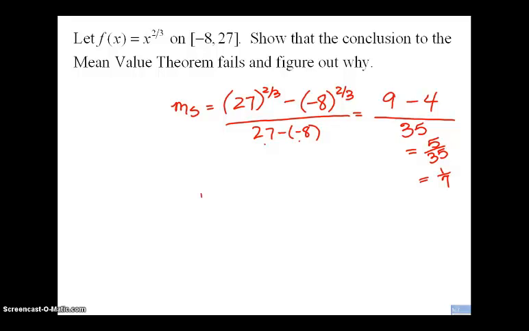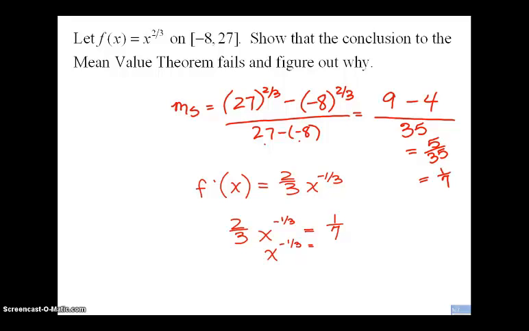And now we need the derivative. F prime of x: power pops down front, reduce the power by 1, and we're guaranteed by the mean value theorem for a smooth continuous function on a closed interval that at least one interior value will equal the slope of the secant line and the slope of the tangent line.